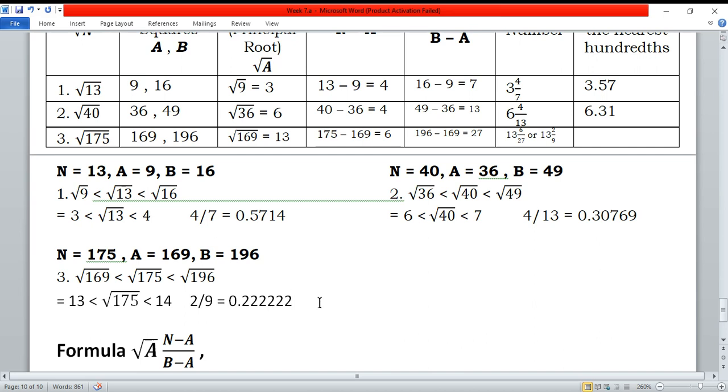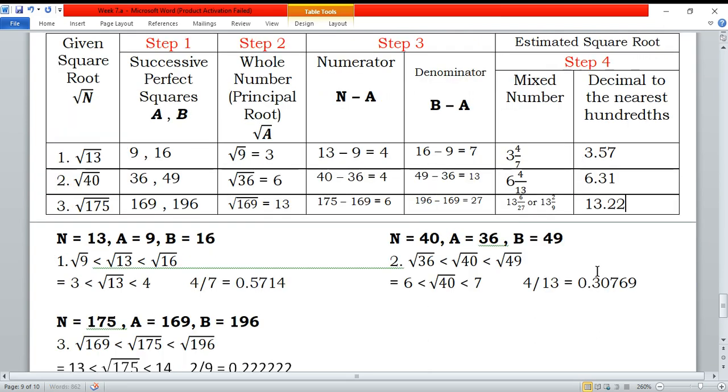So, 0.2222. So, meaning, ang estimated value to the nearest hundredths ng square root of 175 ay 13.22. Okay. So, 13.22.